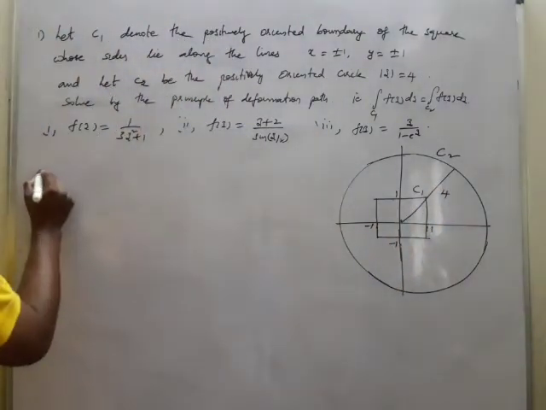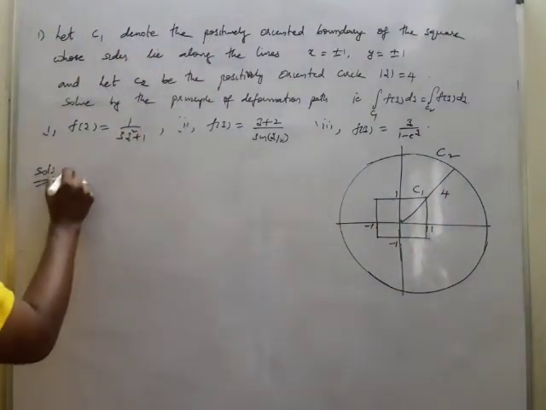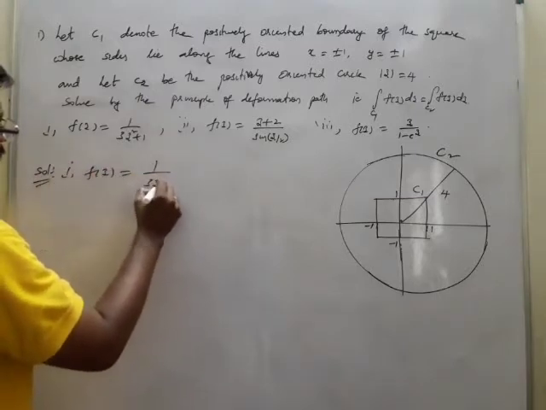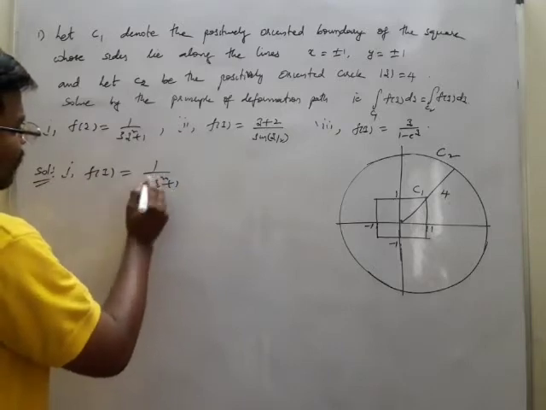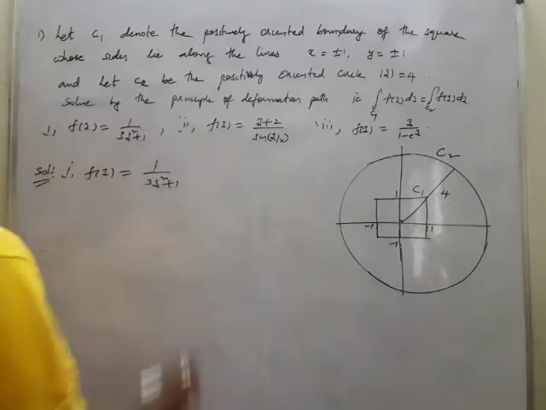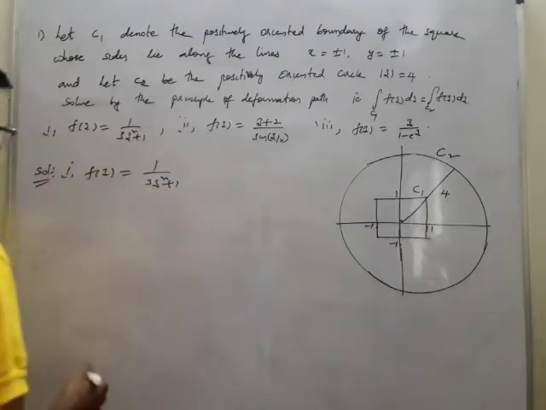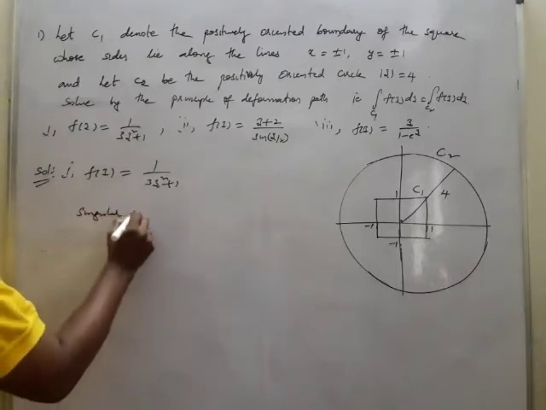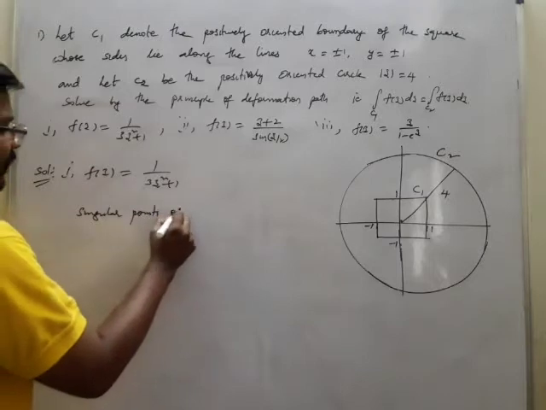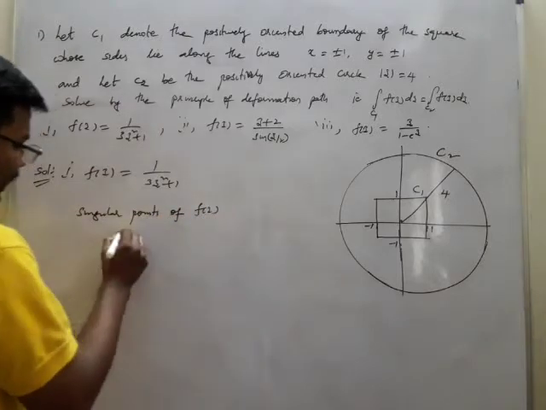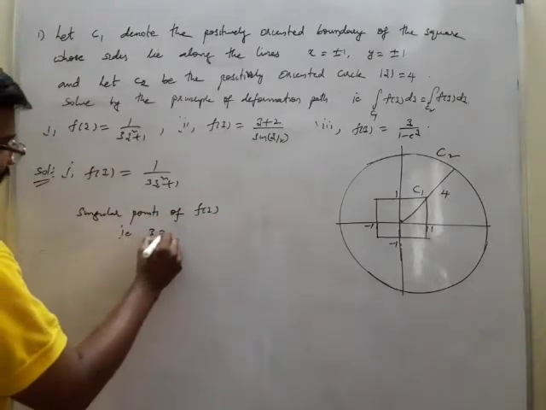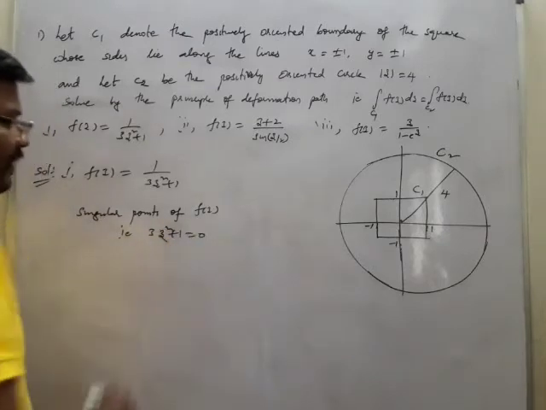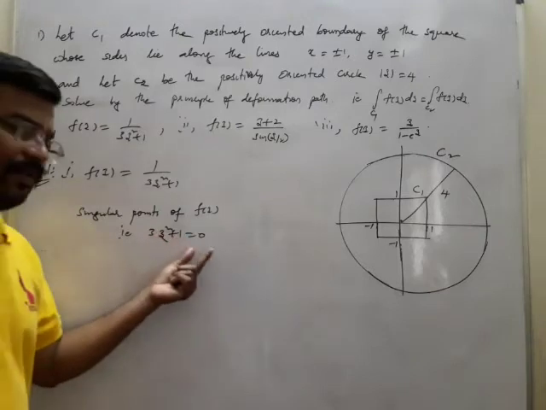Now the solution of the first, f(z) equal to 1 by (3z square plus 1). First we'll try to find the singular points of f(z), that is, 3z square plus 1 equal to 0. If you want to get singular points, the denominator must be equated to 0.